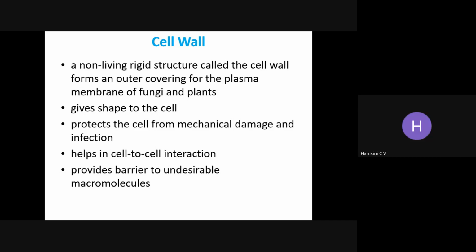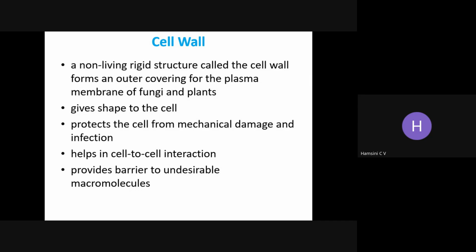Plants. Plant cell, yes. Okay. Then what else? Algae. Algae is also a plant. Fungi.